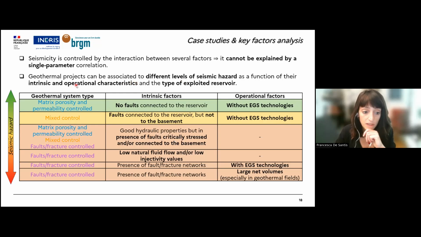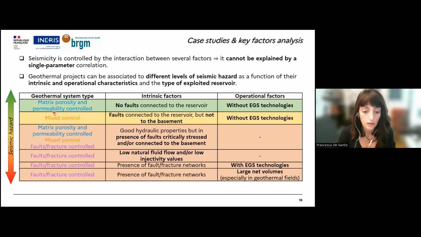The first aspect that we observe is that the seismic hazard is low when we are exploiting porous aquifer in the absence of faults and when we are not using EGS technologies. The seismic hazard can be considered as medium when we are exploiting mixed control reservoir in the presence of faults which are, however, not connected to the basement and in which we are not using EGS technologies.